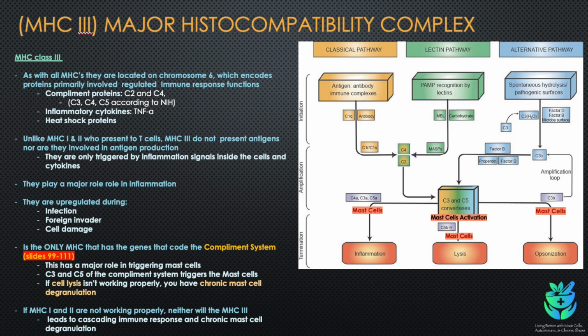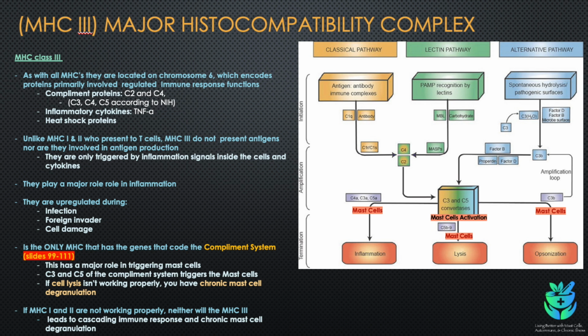Unlike MHC1 and 2, which present to T cells, MHC3 do not present antigens, nor are they involved in antigen production. They are only triggered by inflammation signals inside the cells and cytokines. They do play a big role in inflammation, though. They are upregulated during infection, foreign invasion, and cell damage.